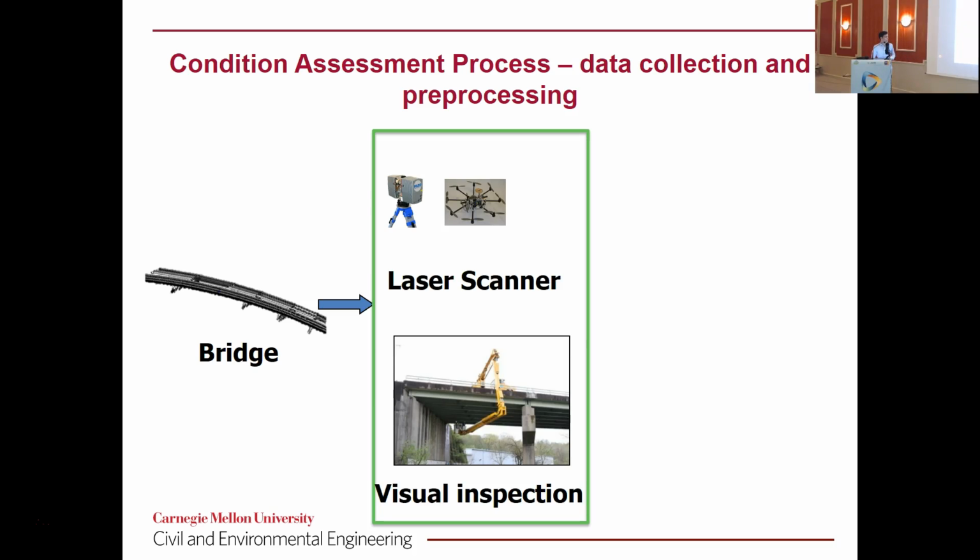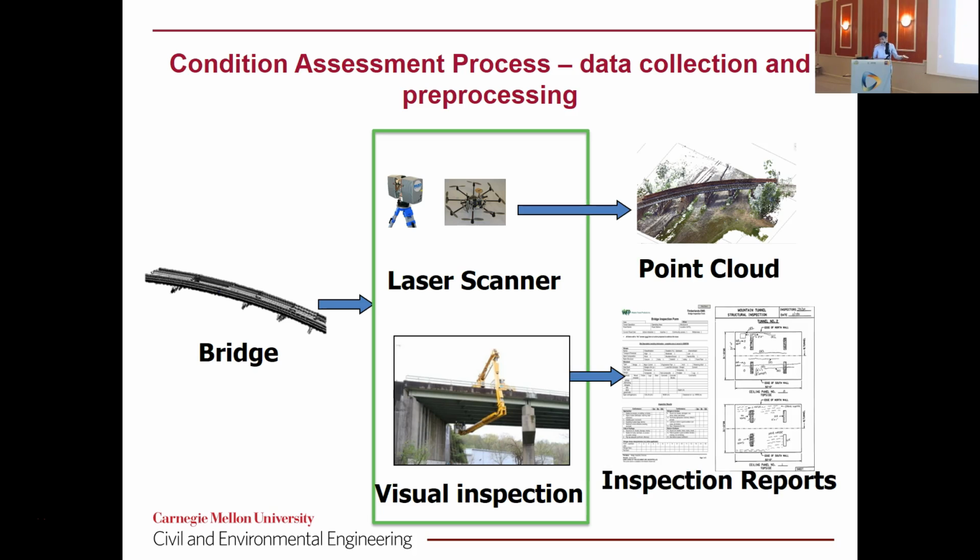Right now visual inspection is much more prevalent, which includes engineers or maintenance workers getting on top of a crane and going to the various points of the bridge to check all of the different structural deformities that might be occurring at those points, and then creating a very long, complicated inspection report from this analysis.